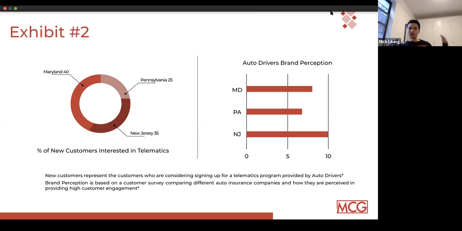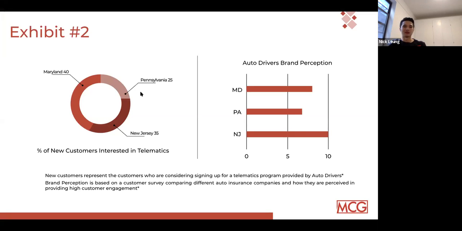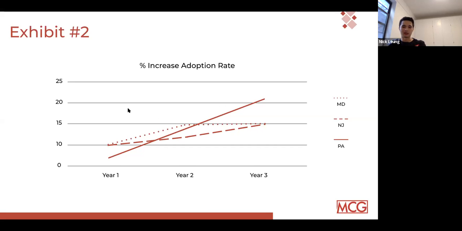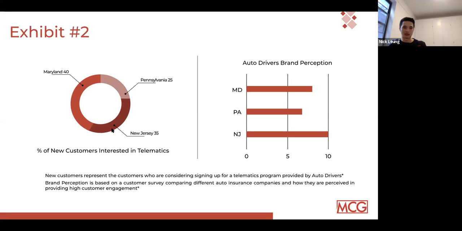This is more on the hard side, and kind of a tricky exhibit. A lot in the instructions of this case literally says a lot of people are going to get tripped up on Jersey, because it has a high brand percentage, a linear increase, and a huge percent of new customers interested.